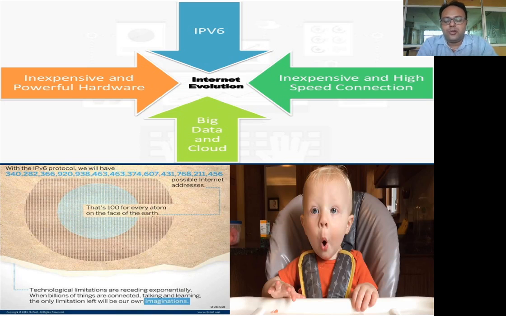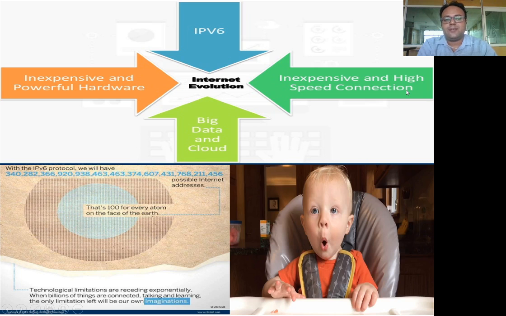So the evolution of the internet was made up of four different areas. One is that all connecting devices were featured with a physical address, which we call an IP address, where all objects are identified with a unique IP address. Apart from this, there was inexpensive and powerful hardware used for nodes and sensors, right?